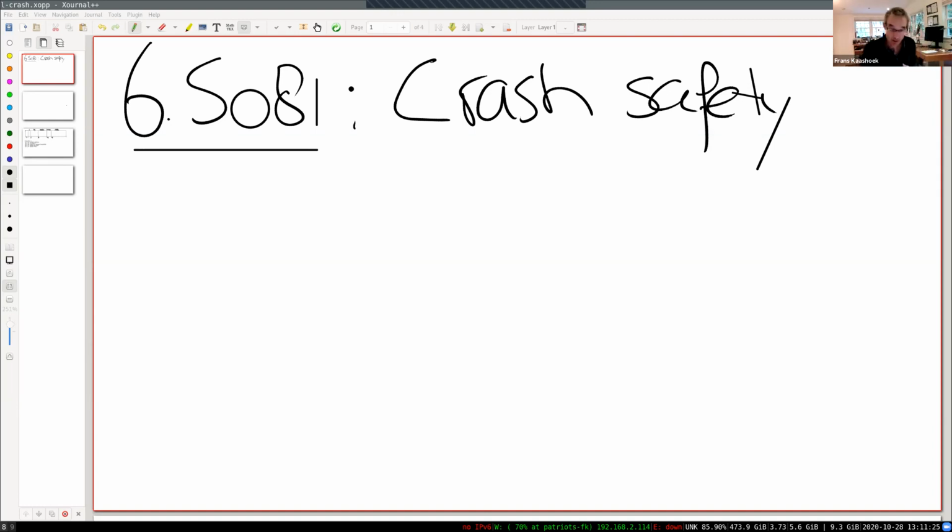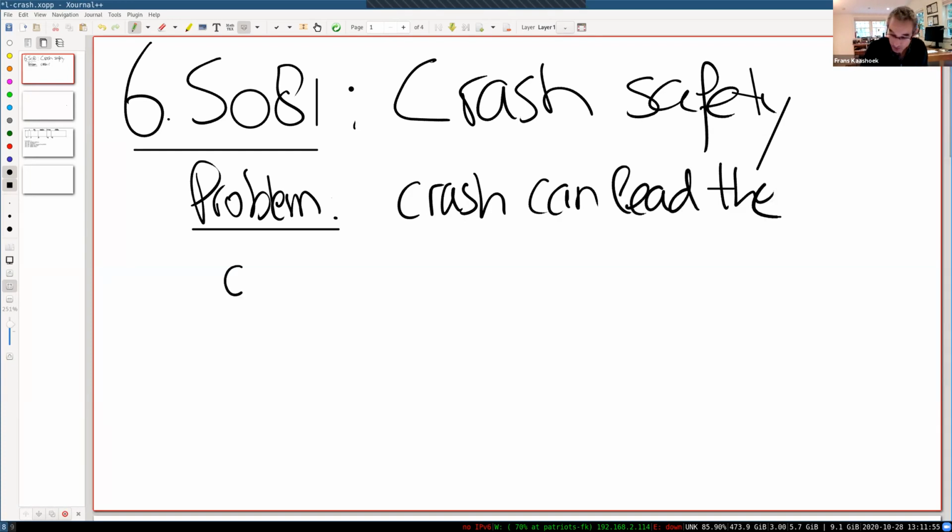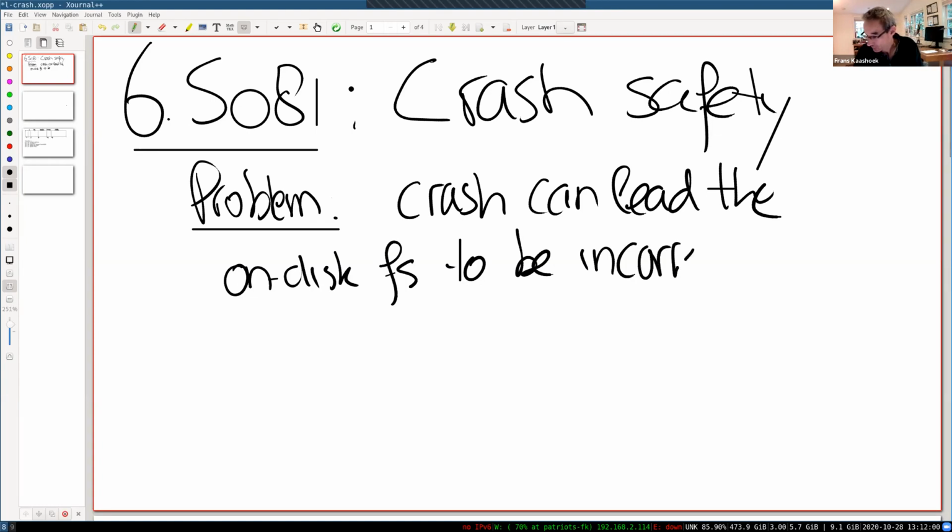Okay, today's lecture is going to be about crash safety in file systems. And this is not crash safety in its most general form. I'm really focusing on a specific problem, namely that a crash or a power failure can lead the on-disk file system to be in an inconsistent or incorrect state.